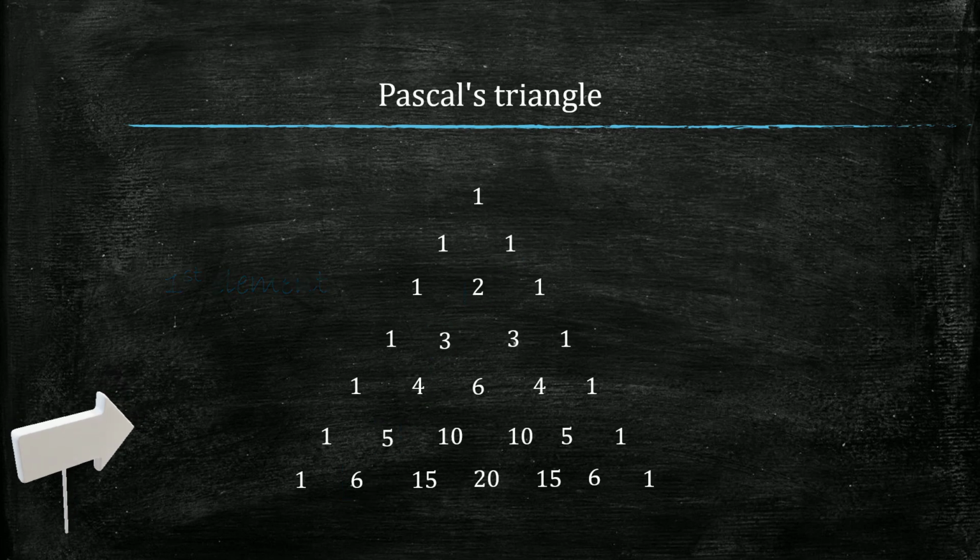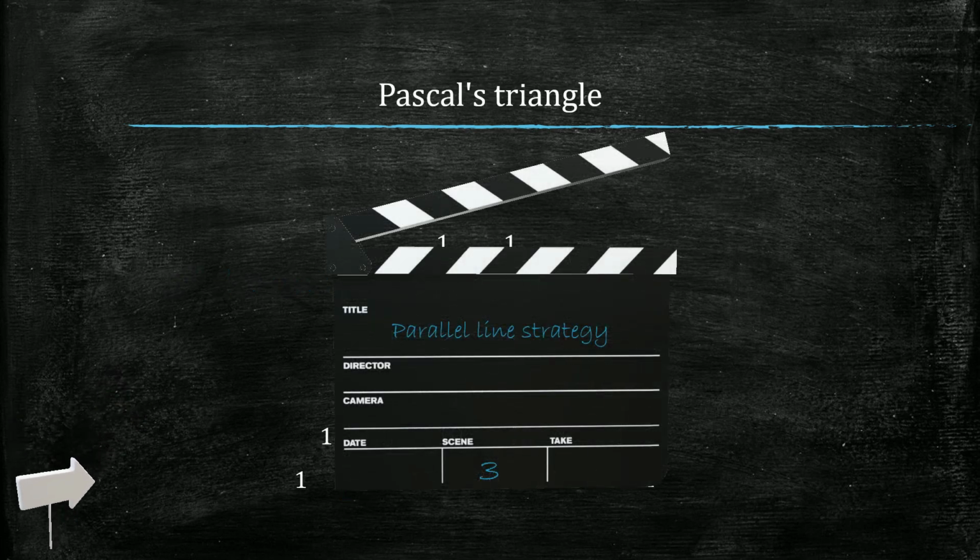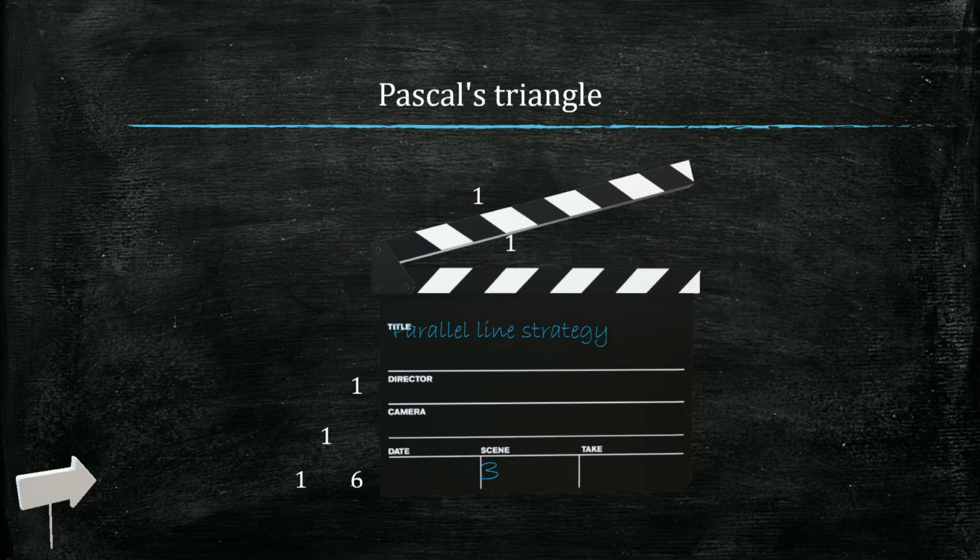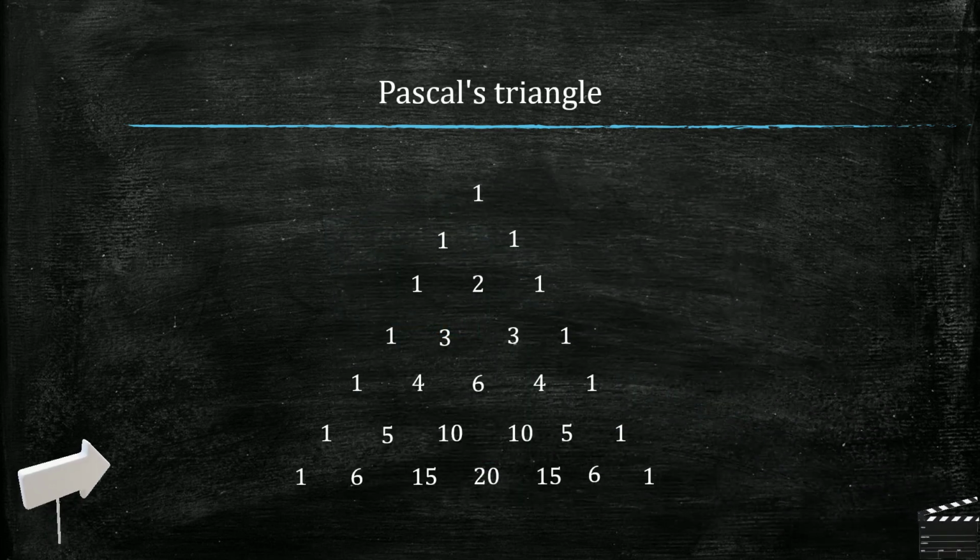Okay, let's see some strategy behind it. Now here is the parallel line strategy. I'll take a parallel line and put it on Pascal's triangle touching the first number, which is 1. When I keep the same line parallelly on the next line, it will touch only one number, and again it is 1. I'll keep this again on the next. It will touch two numbers, 1 and 1. When you add them together, that gives 2.